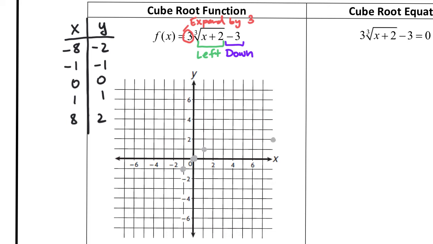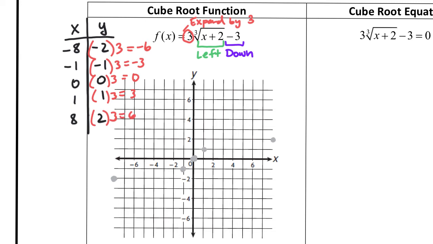Okay, so these gray points, these are the parent function, but what is the expansion doing? So it's multiplying all the y values times 3. So that's going to give me -6, -3, 0, 3, and 6.